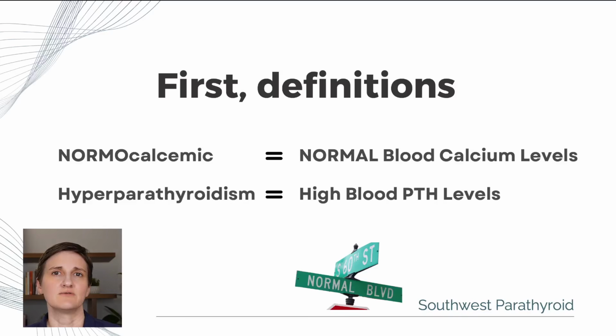It is when you have too much PTH or you have overactive parathyroid glands. So you get high PTH levels, okay? Those are the definitions of those terms. So now you know normocalcemic hyperparathyroidism means you have a normal blood calcium level and you have a high blood PTH level. Okay, easy enough, right?